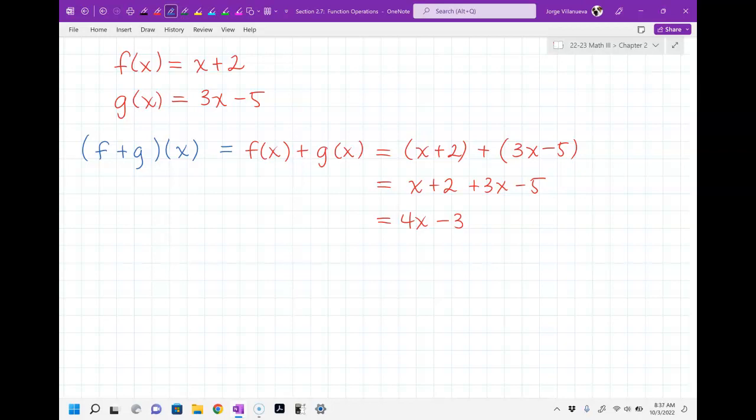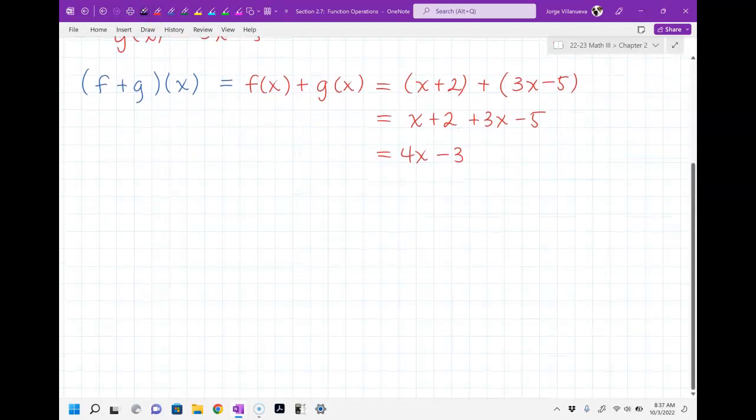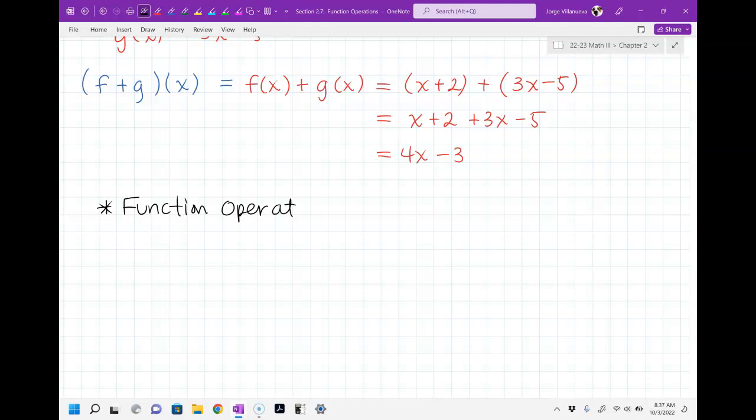And they're going to do that for subtraction. They're going to do that for multiplication. They can even do it for division, but we're not going to be working on that. So let me just show you these little definitions that they're going to want us to do. Then we'll work on some examples and I'll give you guys your homework.